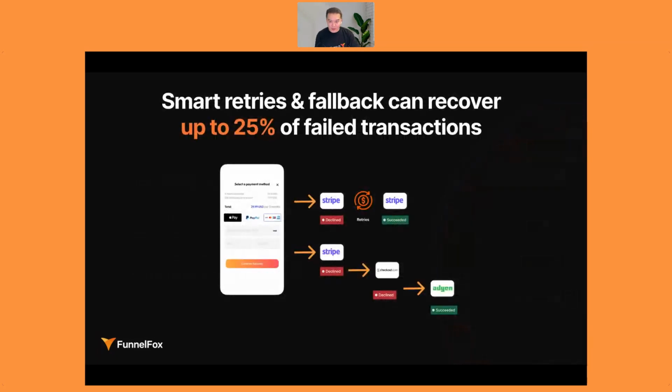Yeah, so the smart retries I talked about could help you with renewals. Again, pretty simple thing. If payments didn't go through, try again, but try it dynamically.